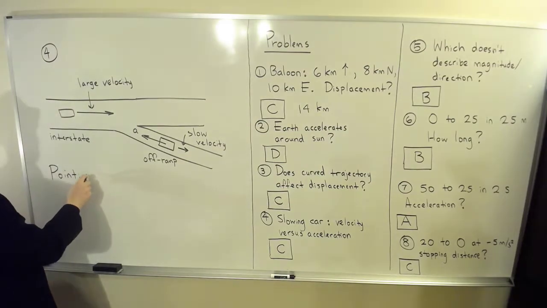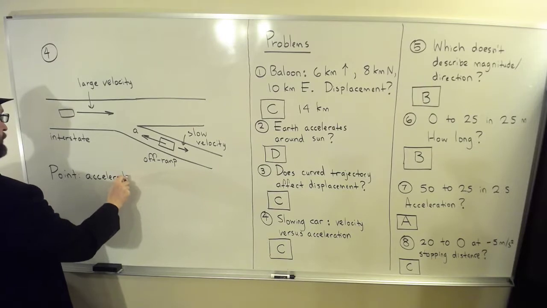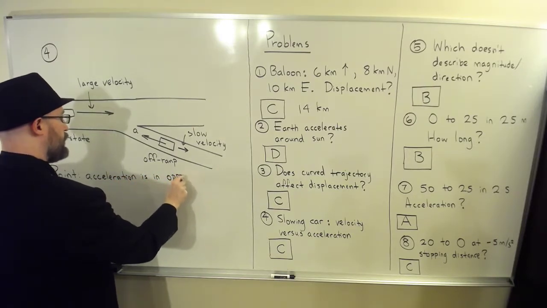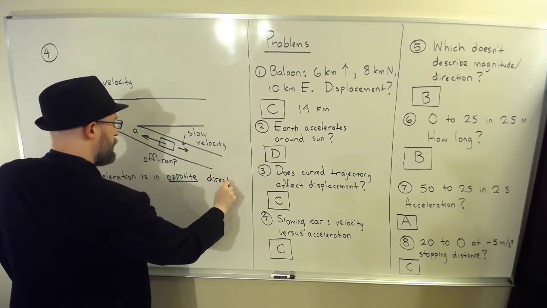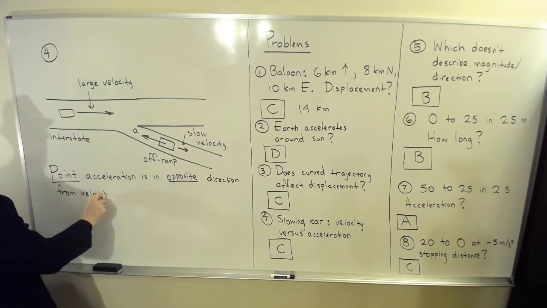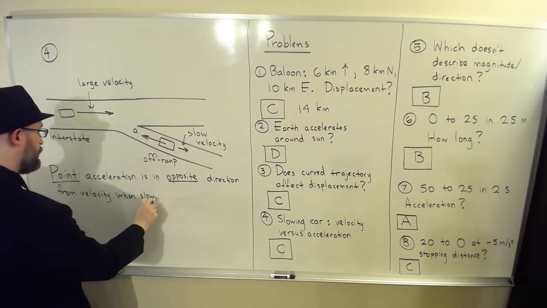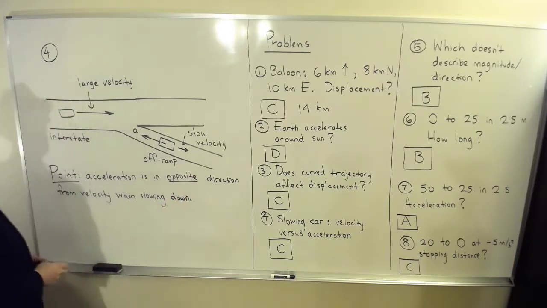So the point of all this is that acceleration is in the opposite direction from velocity when you're slowing down. And that's all there is to that one.